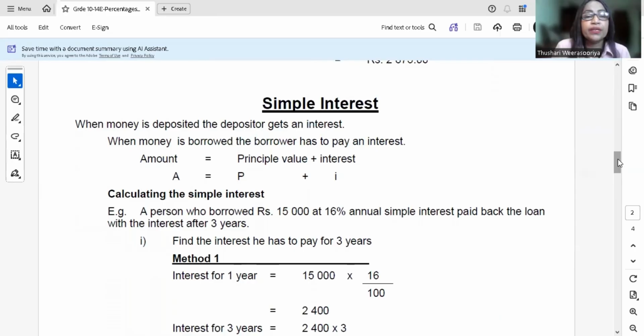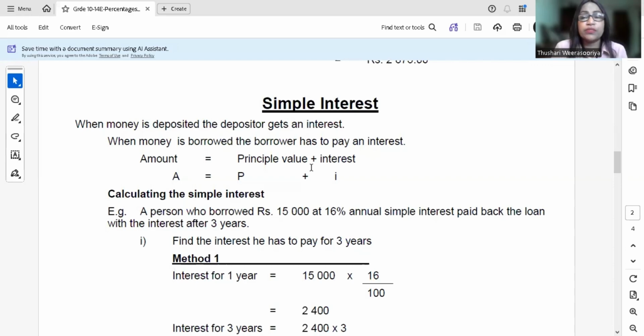Once you get the loan, when you settle it, you have to pay the principal value and the interest. That is called the total amount. Now, assume that you got 5,000 and the interest is 500. You can't just give 5,000 only.